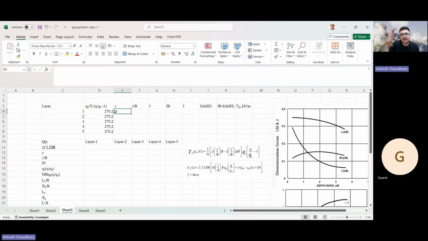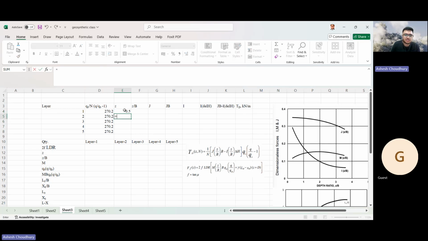Depth of each layer. The first layer we have decided is 0.5, and all the other layers are also spaced at delta H, which we have also considered as 0.5. So we will just add 0.5 each time.